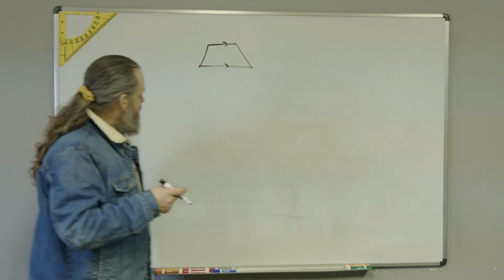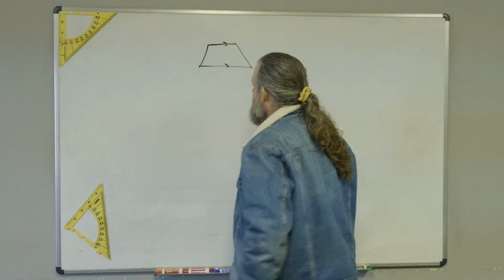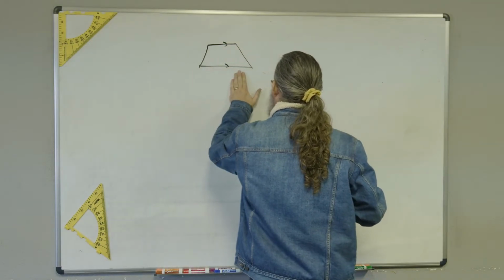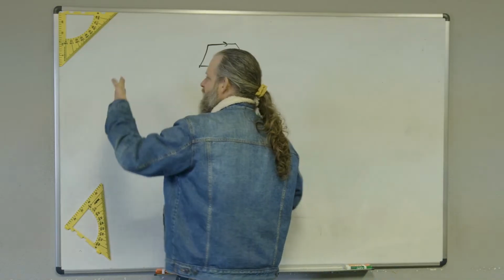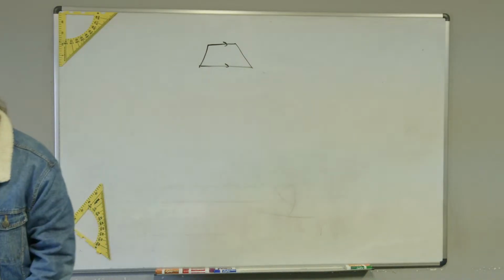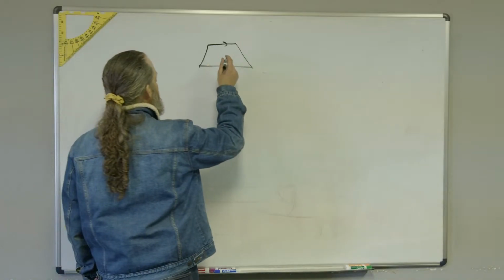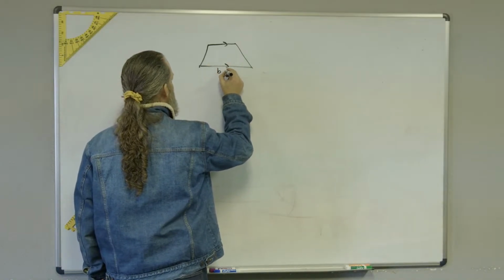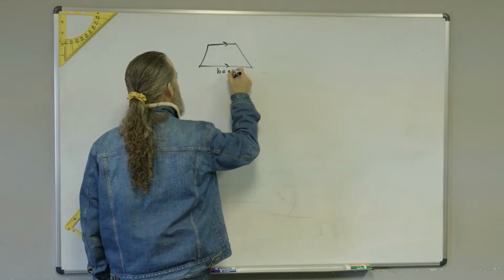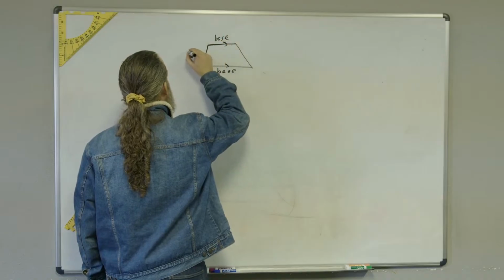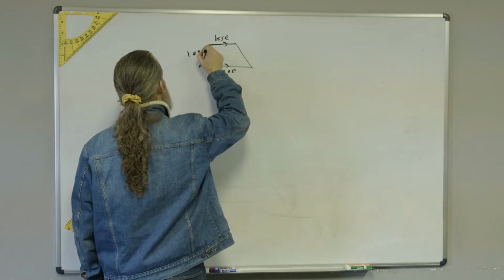Now, some vocabulary for trapezoids. You probably have learned about trapezoids before. You probably learned how to find the area of one. The common formula to learn back in middle school, you may not have, but that's fine. This is called a base. This is called a base. And these are called legs.